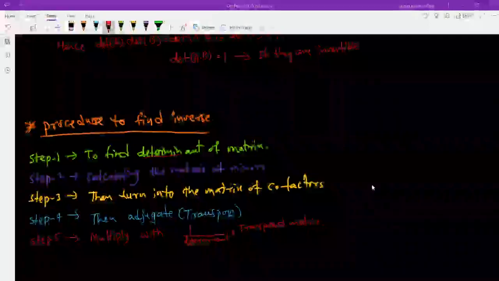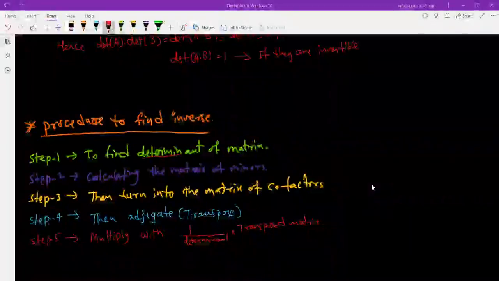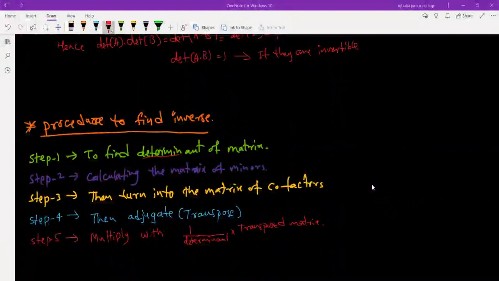Okay. So here we have 5 steps to find the inverse of a matrix. The first step is we have to find the determinant of the matrix. As we have done in the previous class, we found many determinants of matrices. So whenever in a question there is find the inverse of this matrix, first of all we have to find the determinant of that matrix. Okay.